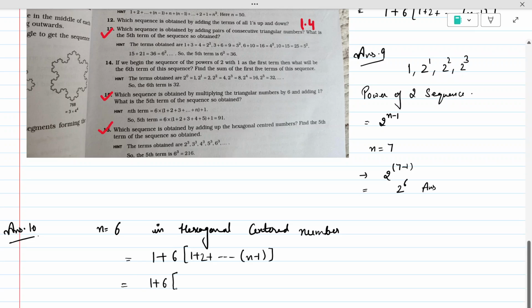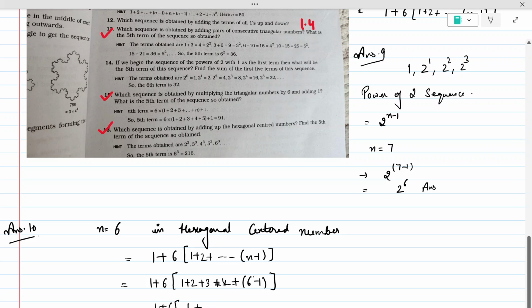1 plus 6 times (1 plus 2 plus 3 plus 4 up to n minus 1, which is 6 minus 1). n minus 1 is 5.